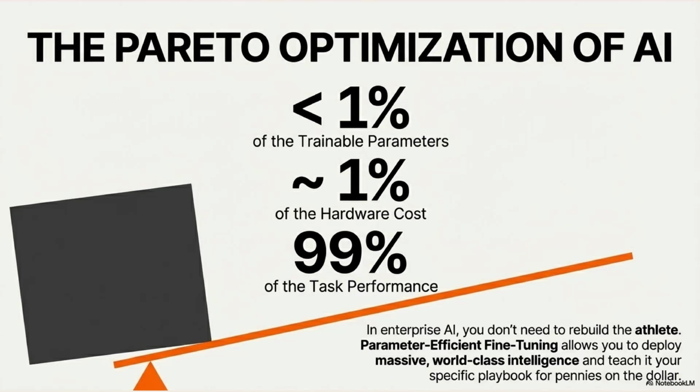We end this session with the most important summary slide in Module 2, and one that I want you to internalize deeply. This is the Pareto optimization of AI. The visual is a seesaw.